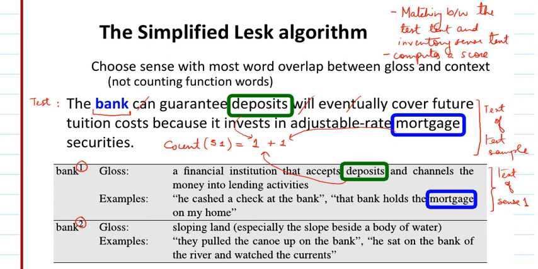So in this way we are getting these counts. So this count becomes 2, and the count for sense 2 is 0, as none of the words from this text match in the second sense, the gloss and examples of bank 2, right? So the predicted sense is sense 1.